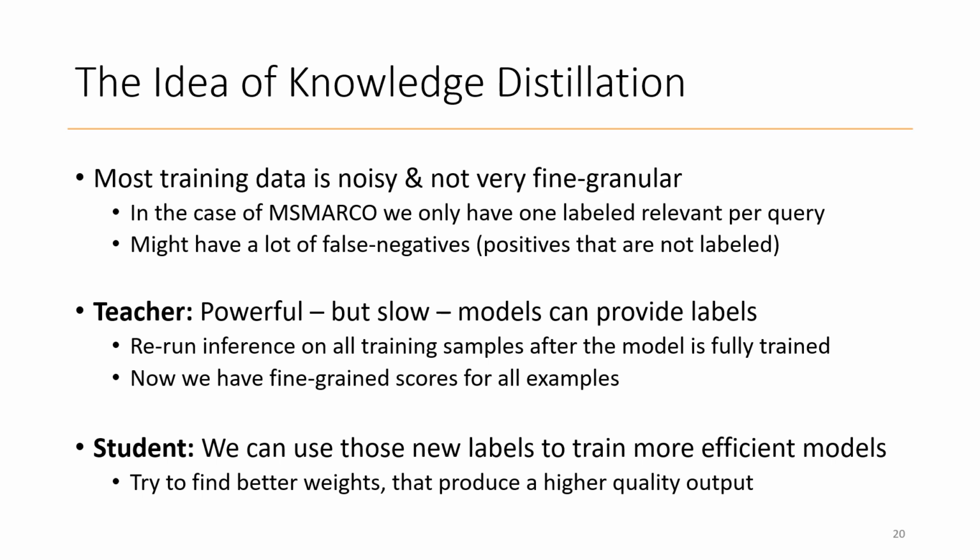And then second, the student model, where we can use those new teacher labels to train our more efficient student model, and we try to find better weights that produce a higher quality output overall, and the teacher helps guide the student to achieve that, better than the student would on its own.